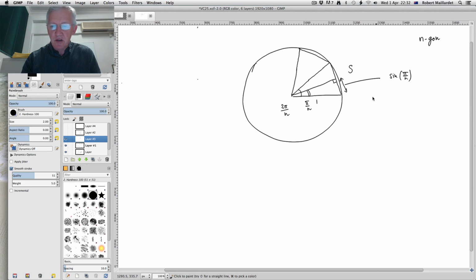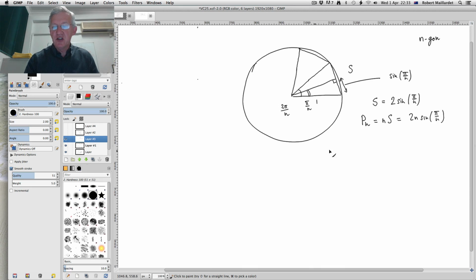So that means that the side length is 2 times sine pi on n, and the perimeter of the n-gon, I write it as Pn, it's the total perimeter of the n-gon, is going to be n, well, it has n sides, so it's n times s, which is 2n sine pi on n.